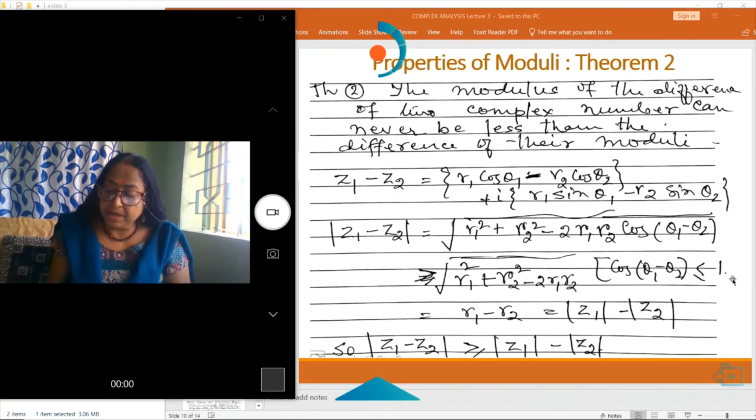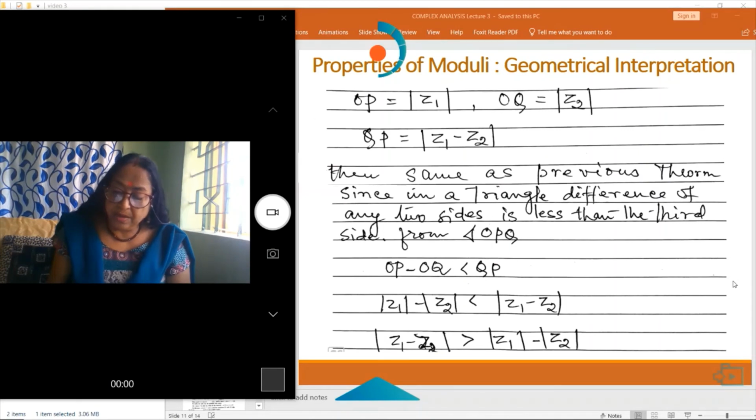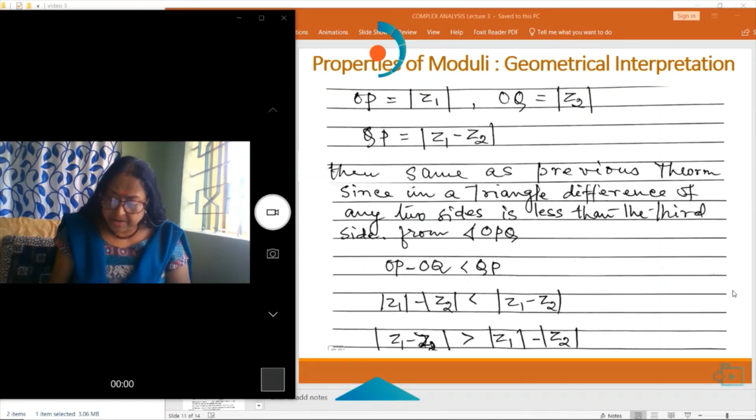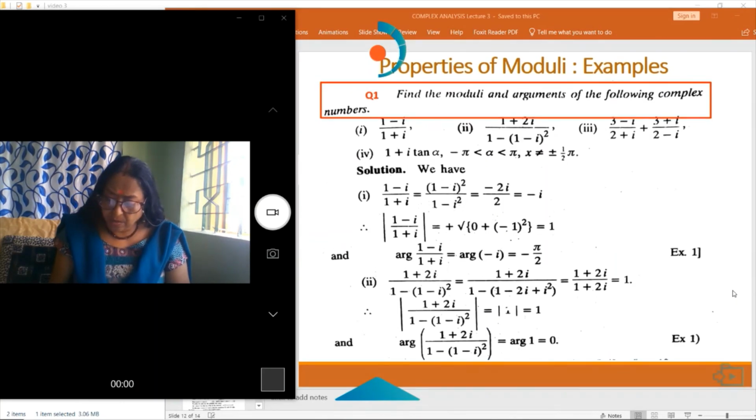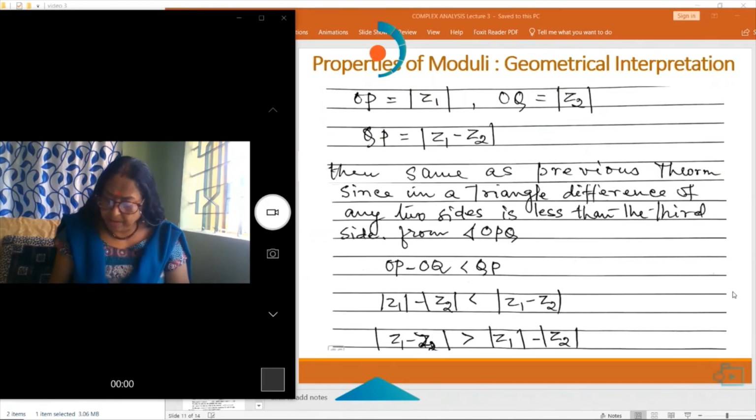Geometrical interpretation: let OP be equal to z1, OQ be equal to z2, then QP is equal to modulus of z1 minus z2. Since in a triangle the difference of any two sides is less than the third side, from triangle OPQ we get OP minus OQ is less than QP.